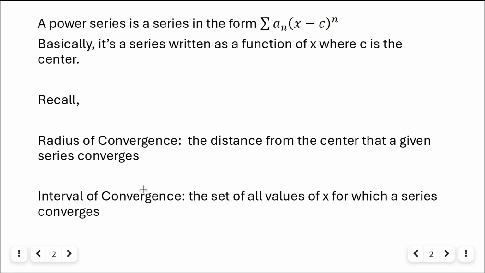And now we have the interval of convergence, which is the set of all values x for which a series will converge. It's all the values that the series will converge for. Okay, so let's take a look at how we find those two things.